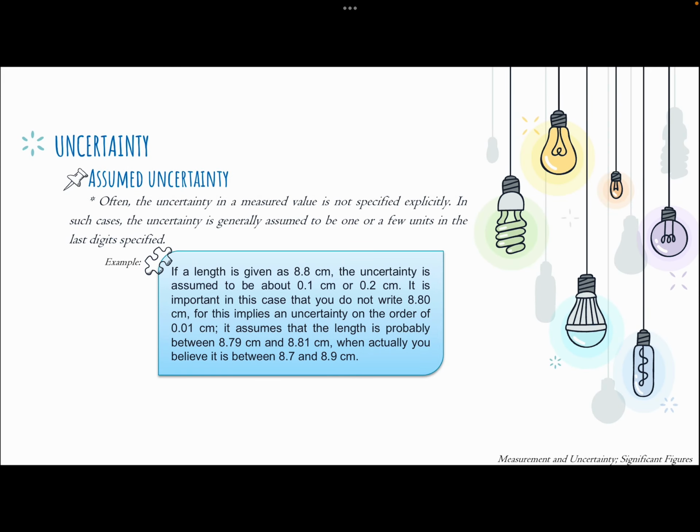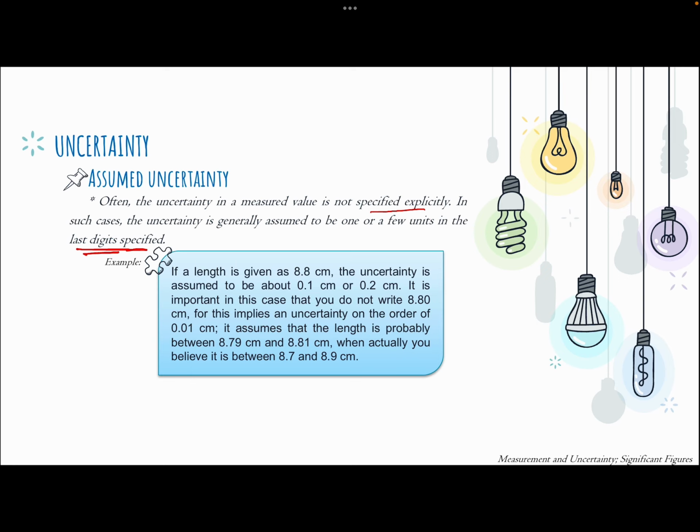Okay, so, often, the uncertainty in a measured value is not specified explicitly. In such cases, the uncertainty is generally assumed to be one or few units in the last digits specified. So, take note of this. So, we have here an example. Let me just read it. If a length is given as 8.8 centimeters, the uncertainty is assumed to be about 0.1 cm or 0.2 cm.